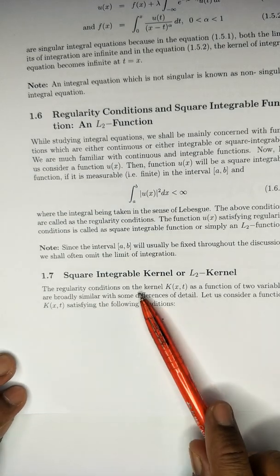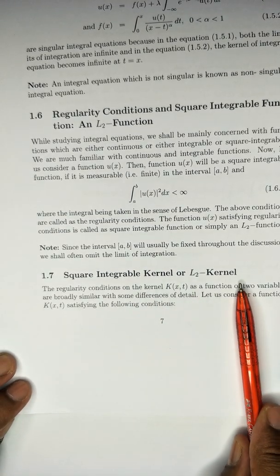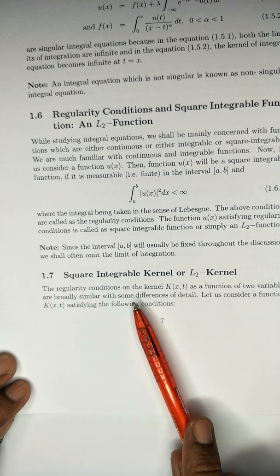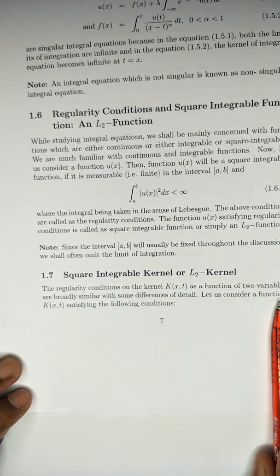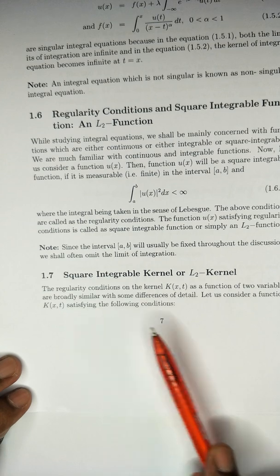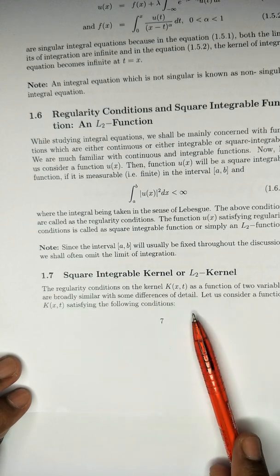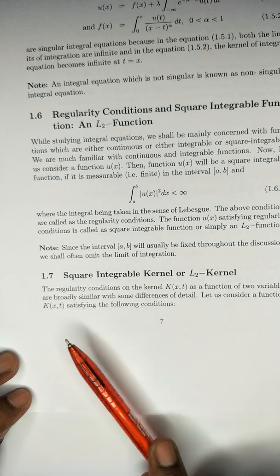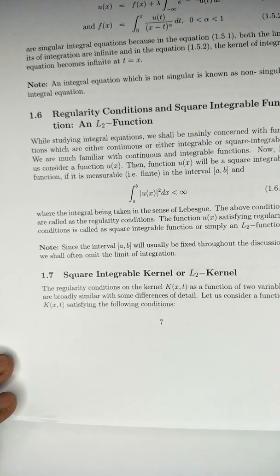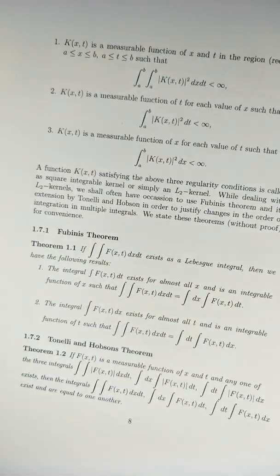We have a square integrable kernel, or L2 kernel. The regularity condition on the kernel k, as a function of two variables, is broadly similar with some differences of detail. So let us consider a function k satisfying the following conditions. We have these three conditions.